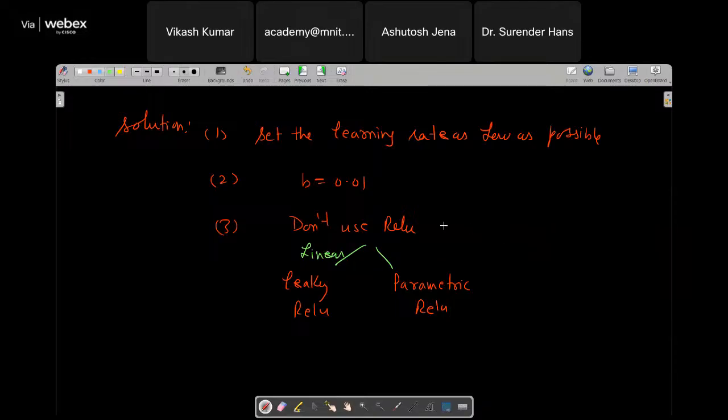Non-linear variants are ELU, that is exponential linear unit, where we apply a nonlinear transformation on ReLU, and SELU, that is scaled exponential linear unit.